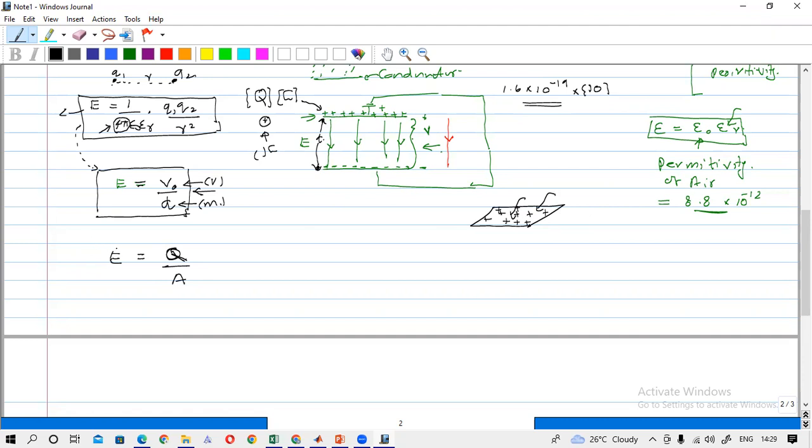And this E is also affected by the epsilon.